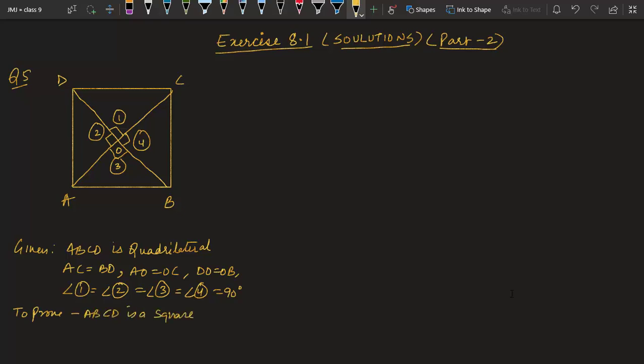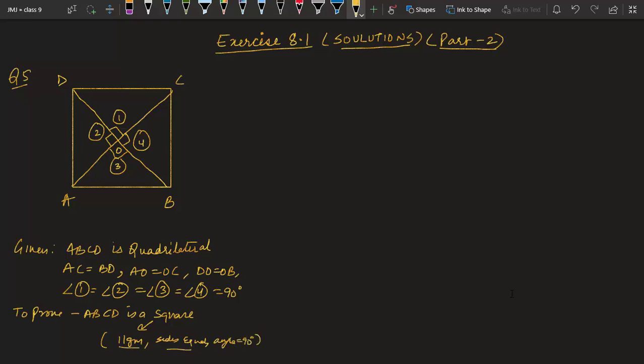Now we must think about the definition of square. What is a square? So to prove a square, we have to prove first it is a parallelogram, and second we have to prove that all sides are equal, and third we have to prove all angles are, or we can say only one angle is 90 degrees.